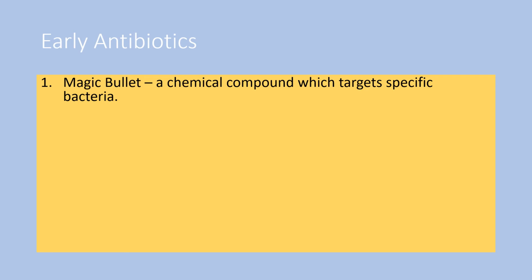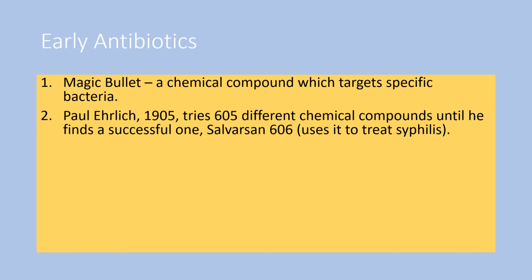And magic bullets are chemical compounds which target specific bacteria. So they act literally like a bullet in the body, into that bloodstream, targeting the bacteria. And again, they were made for specific illnesses. So you wouldn't have one magic bullet for lots of different ones, like penicillin, for instance, will eventually become.